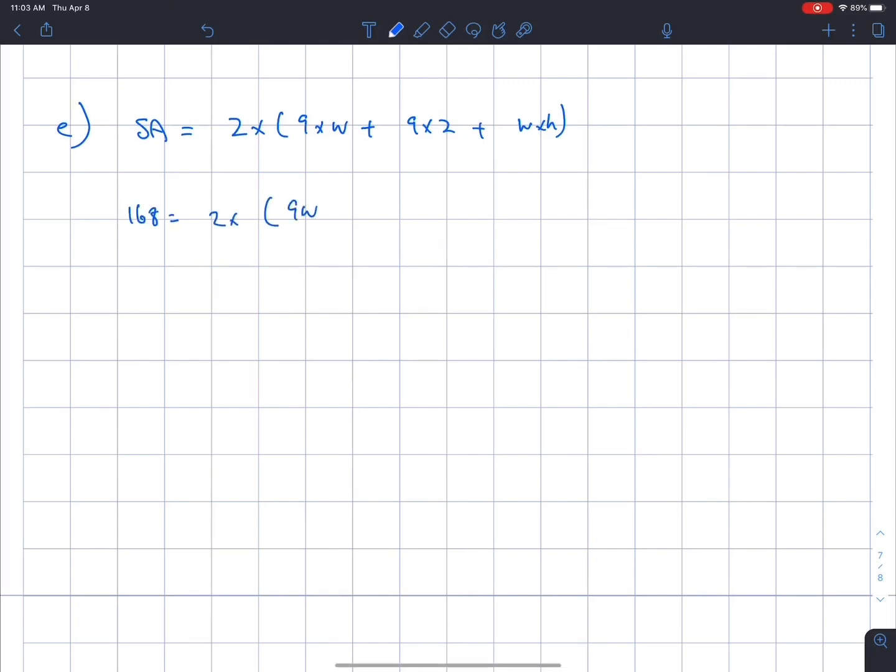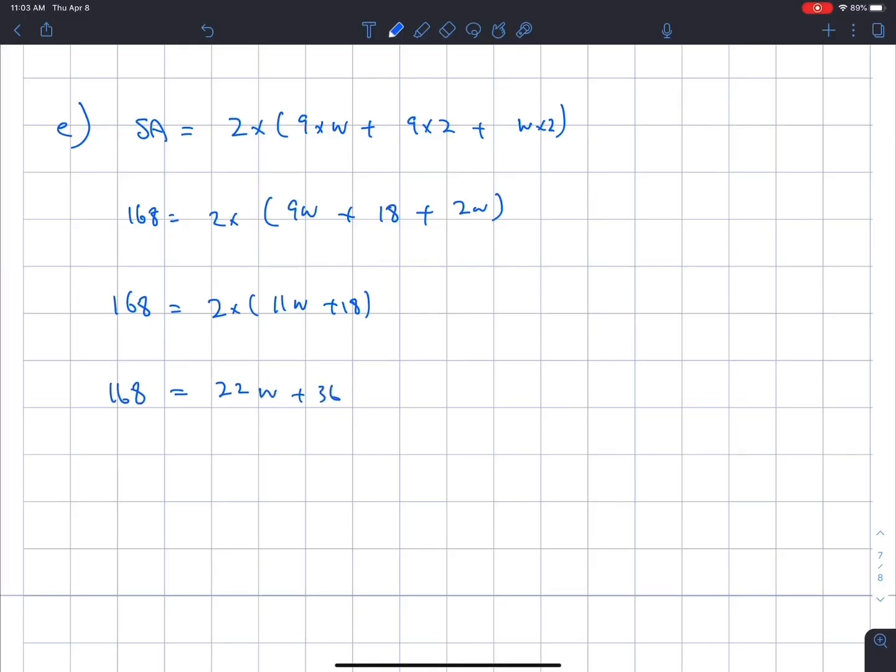So 9 times W is 9W, 9 times 2 is 18. And what is that? W times H. So that's W times 2 is 2W. So we have 2 times 9W plus 2W is 11W. Now we can multiply the 2 in. We get 22W plus 36 equals 168.